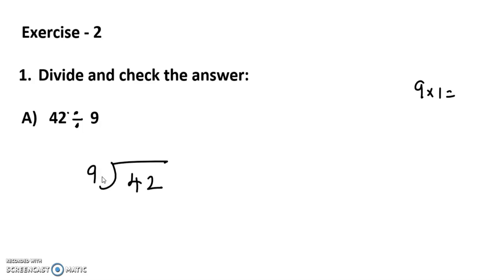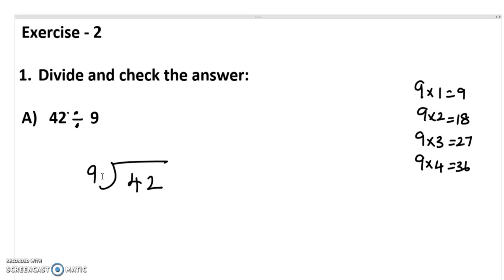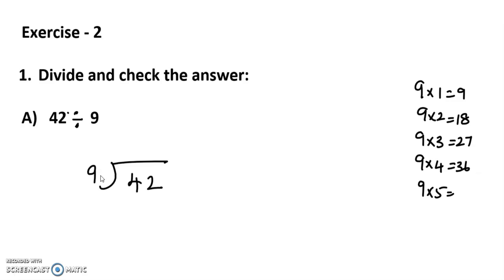9 ones are 9, 9 twos are 18, 9 threes are 27, 9 fours are 36, 9 fives are 45, 9 sixes are 54. So listen, it is less than the divisor, so we have to take 2 digits.